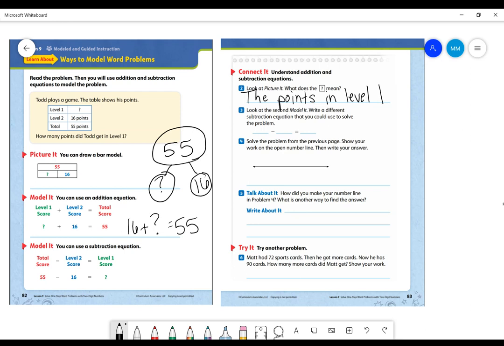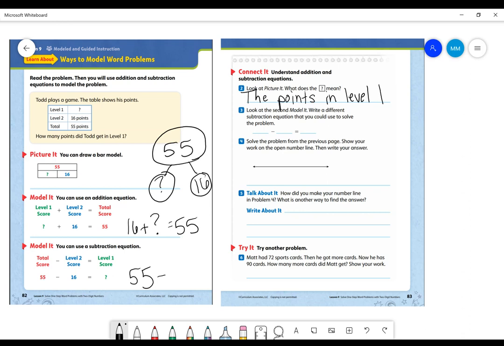Then we go down to our subtraction. When we subtract, we always start with our whole. So we always start with 55. Just like when we add, our whole is always the biggest number, right? So 55 is our whole. The first way that we showed these parts in a subtraction problem is we started with 16.